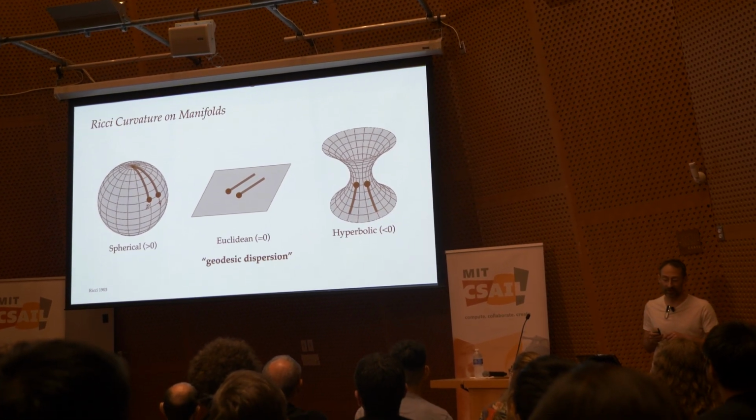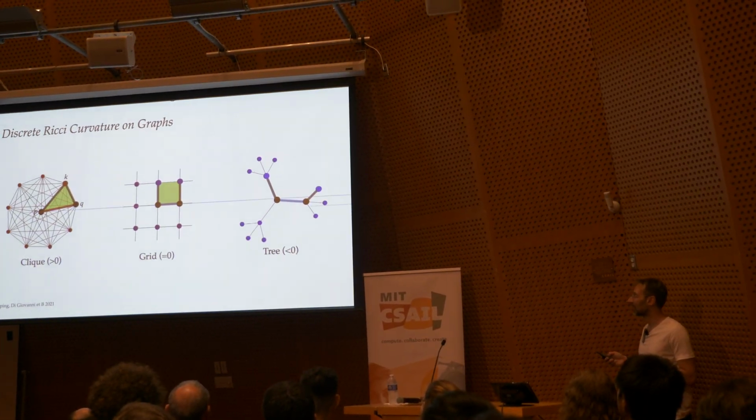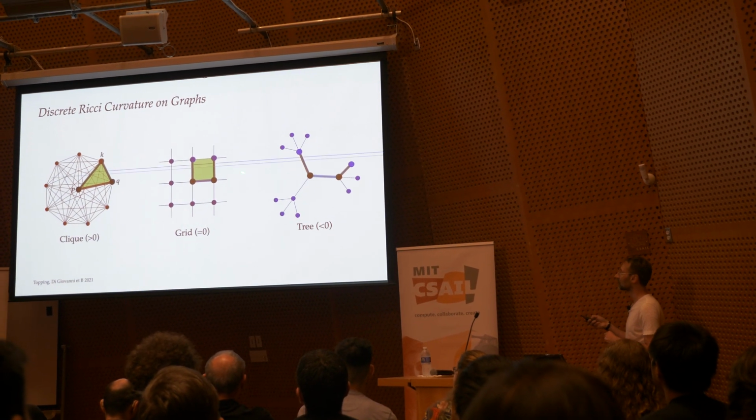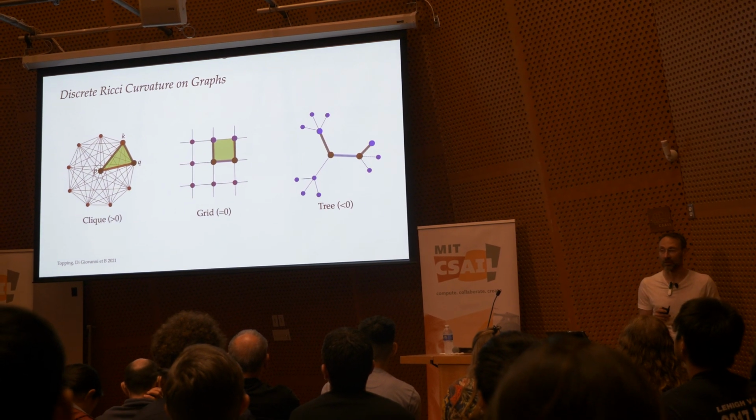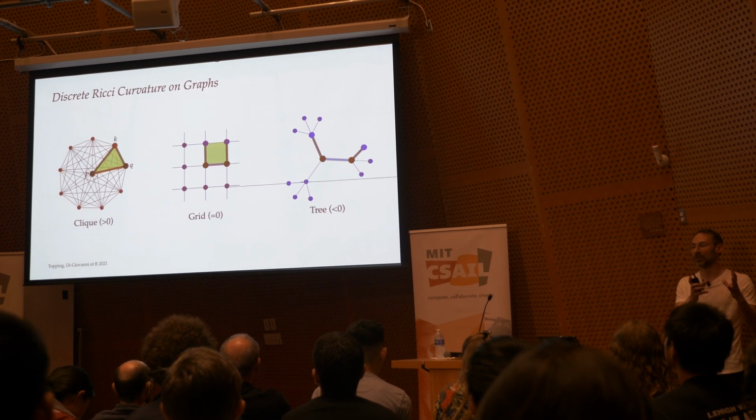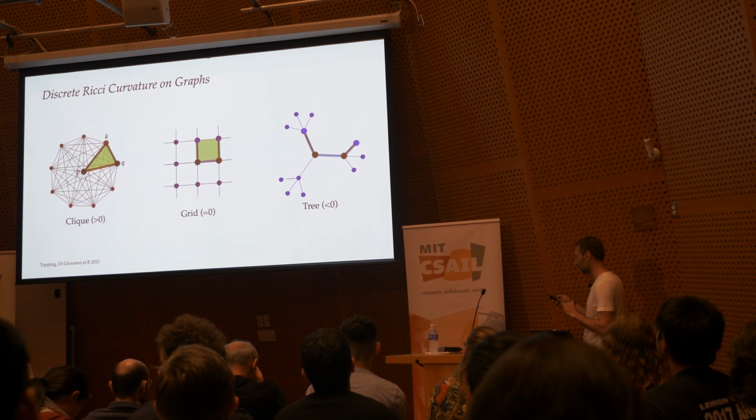In the same way as we can define curvature on manifolds, we can define an analogy of Ricci curvature on graphs. Basically, it's a combinatorial construction that counts a number of triangles and rectangles, and we can distinguish between something that locally looks like a clique or a grid or a tree.